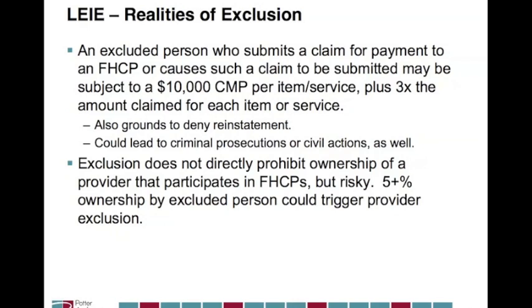So if an excluded person submits a claim for reimbursement to a healthcare program while they are on the exclusion list, the penalties can be pretty severe. They can be subjected to a civil money penalty of $10,000 per service or per item, plus 3 times that amount of the claim penalty. These items can be very significant because anybody who's familiar with healthcare billing knows that a single claim for service could have multiple subparts.